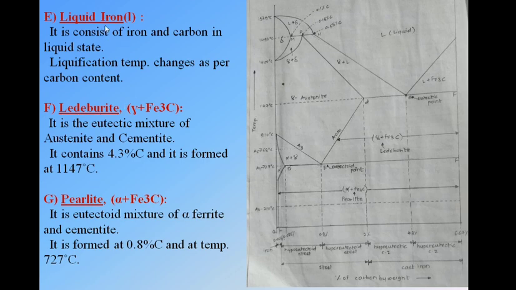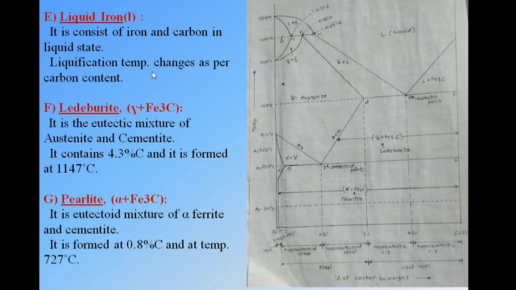Okay, first liquid iron. Liquid iron is here, this is all the liquid part, and this is the only liquid phase present in the iron carbide equilibrium diagram; all the rest are solid phases. Remember this, only liquid iron present at the top is in a liquid phase, all others are solid phases. Okay, it consists of iron and carbon in liquid state.